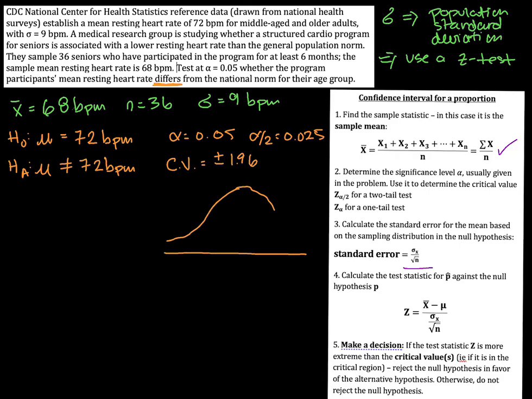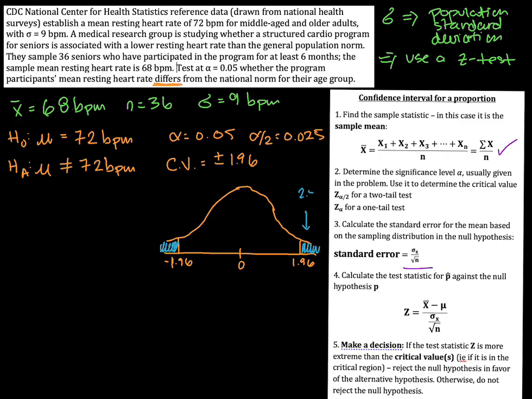So this is our distribution under the null hypothesis, where 0 is the mean, and so we're still looking for the critical values of plus or minus 1.96. So that's where it cuts it off, so that we have our critical region.